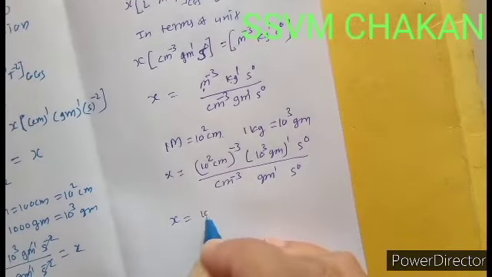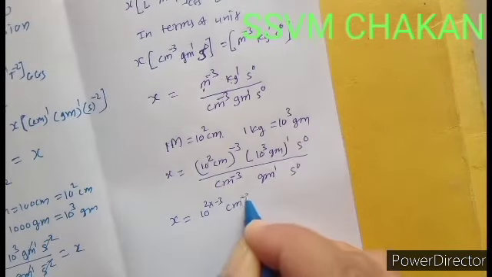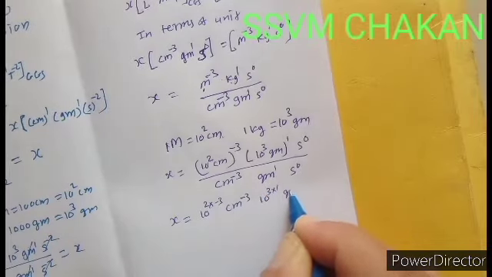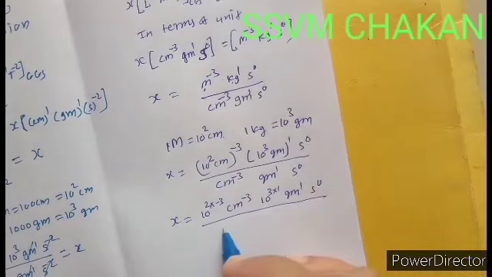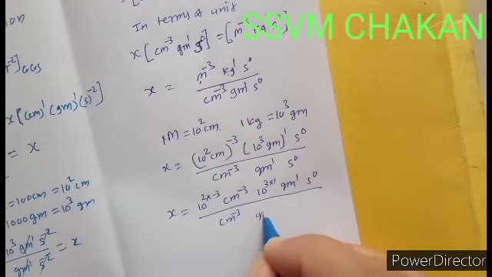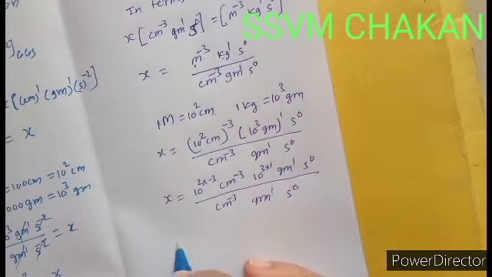So x is equal to 10 raised to 2 into minus 3, cm raised to minus 3, 10 raised to 3 into 1, gm raised to 1, s raised to 0, divided by cm raised to minus 3 gm raised to 1 s raised to 0.